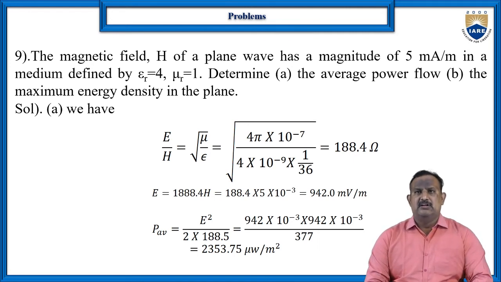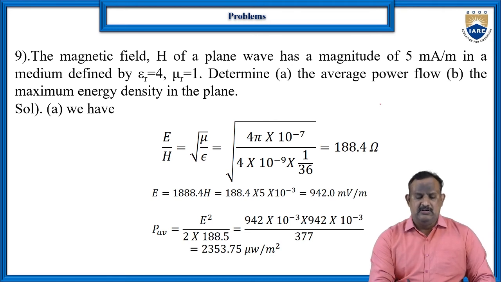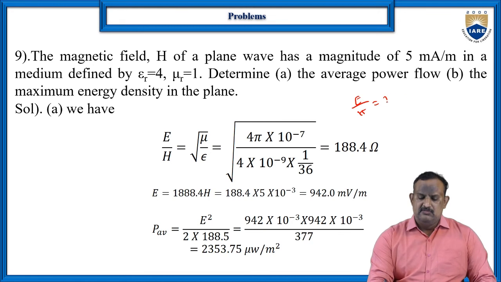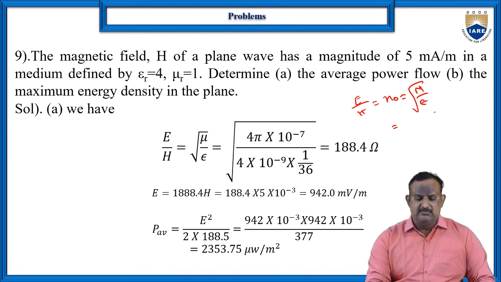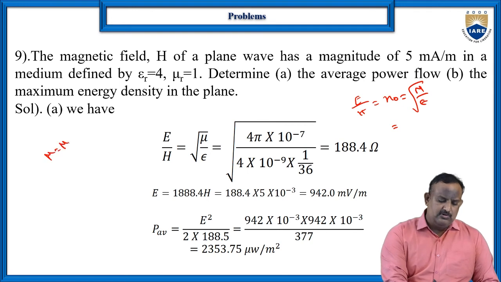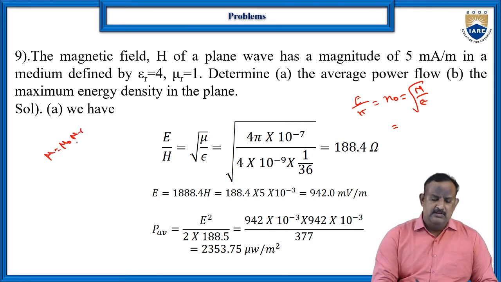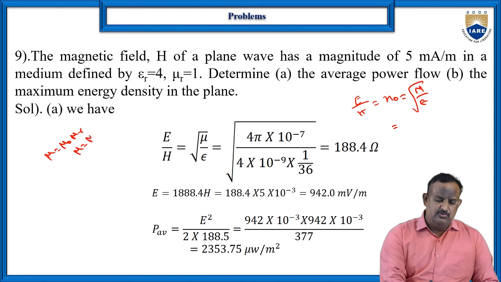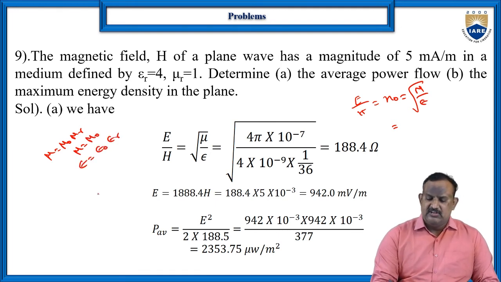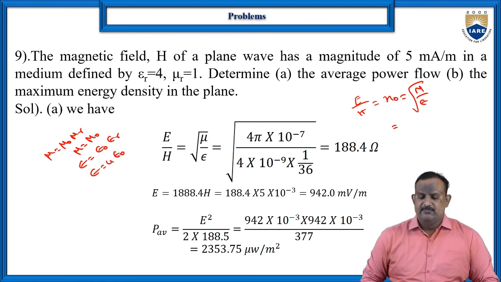Here we have the ratio of electric field to magnetic field, E by H equal to eta, which is the intrinsic impedance, square root of mu by epsilon. Mu equals mu naught into mu r, and mu r is given as 1, so mu equals mu naught. Epsilon equals epsilon naught into epsilon r, and epsilon r is given as 4, so epsilon equals 4 into epsilon naught.